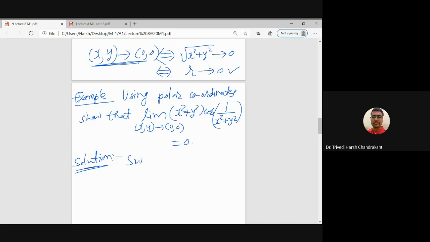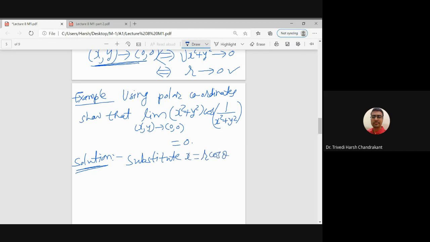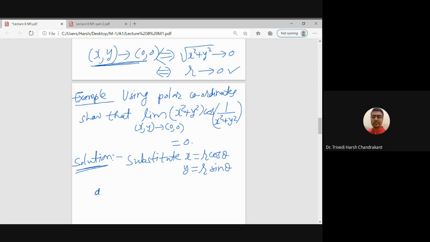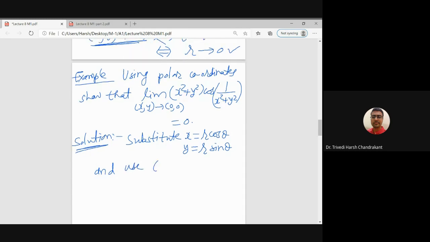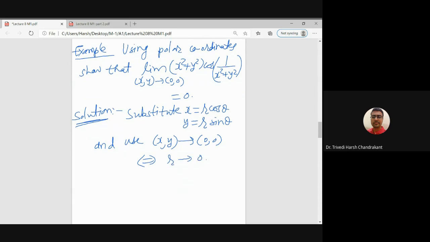The first thing we do is substitute x equal to r cos theta, y equal to r sin theta, and use the implication that (x, y) approaches (0, 0) if and only if r approaches 0.